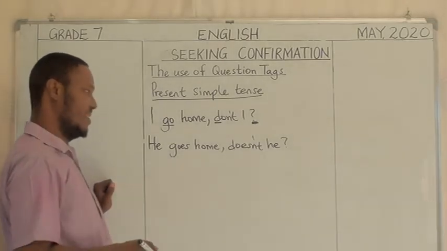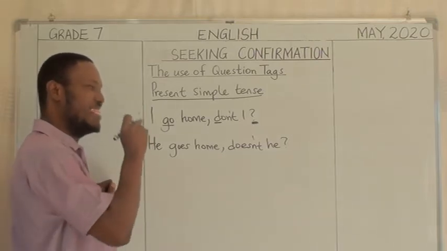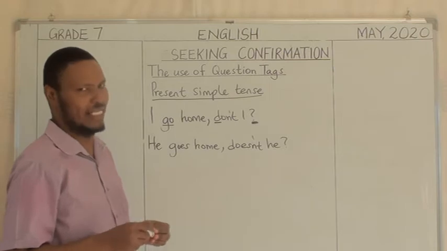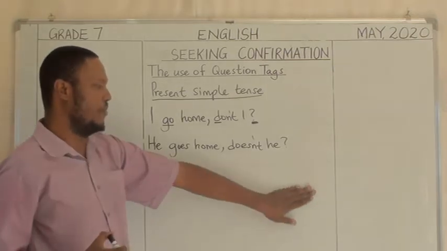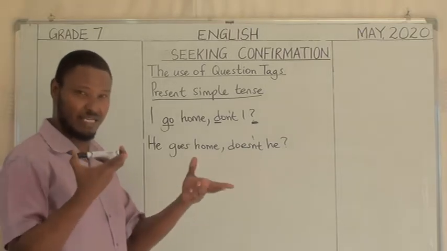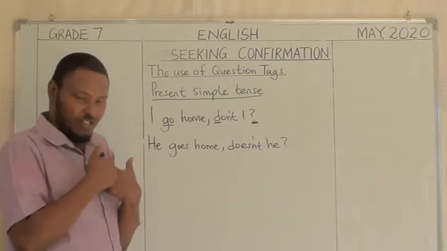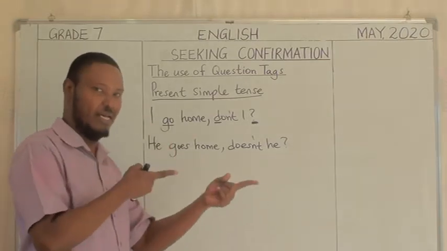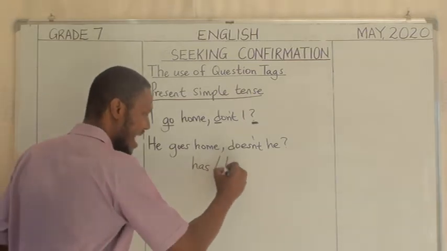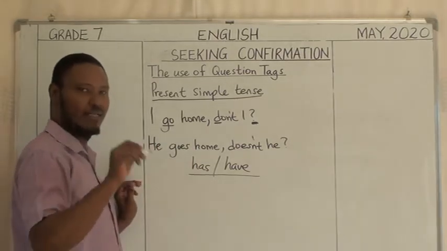Let us have another sentence in the present simple tense. I would like to use one sentence that most people confuse with the present perfect tense: the use of has and have to show possession and not as a helping verb.